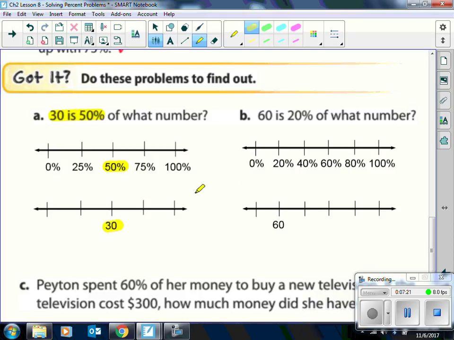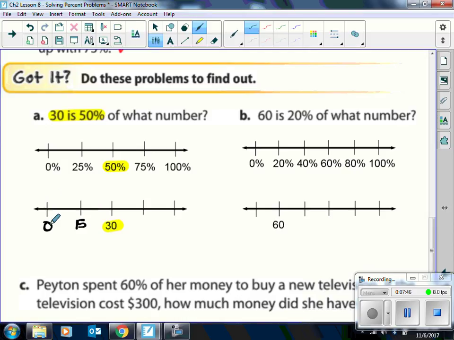So we know that 50 and 30 are lining up, and now we need to figure out what numbers go down here. Now, the first number, of course, is going to be 0, right? So what number is right in between 0 and 30? 15, right? And also 30 divided by 2 is 15.